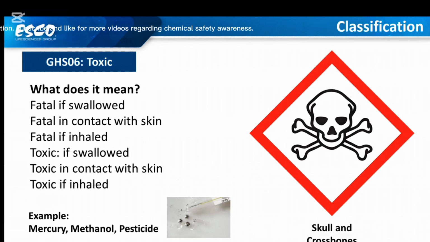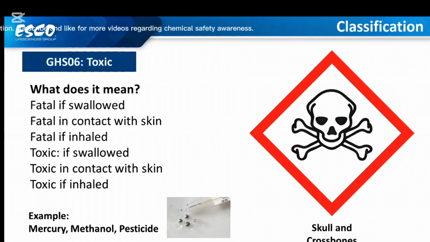Then we have the toxic family, which are fatal if swallowed, fatal in contact with skin, fatal if inhaled, toxic if swallowed, toxic in contact with skin, and toxic if inhaled. So for example, we have mercury, methanol, and pesticides.